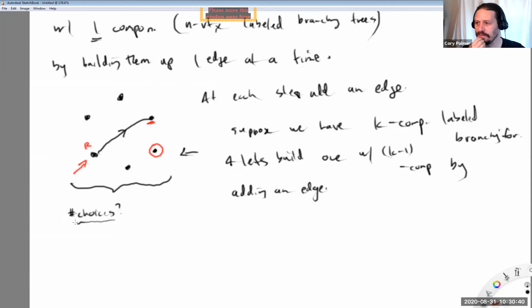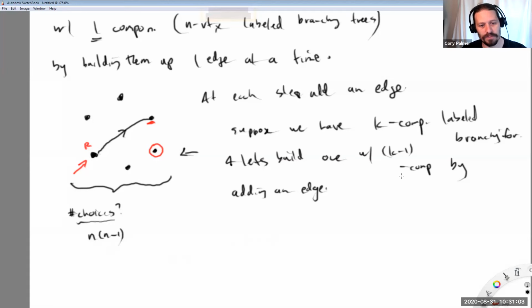N? Well, okay, almost, Caleb. So I had n choices for the left-hand side of the vertex. And then after that, how many choices did I have for the right-hand side of the vertex? N minus 1. Yeah, there shouldn't be a loop. So the number of choices in this first step was n times n minus 1.